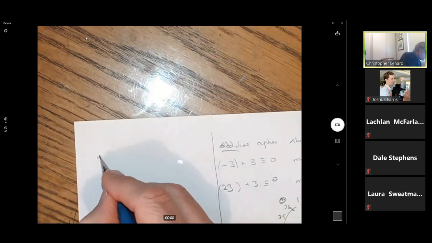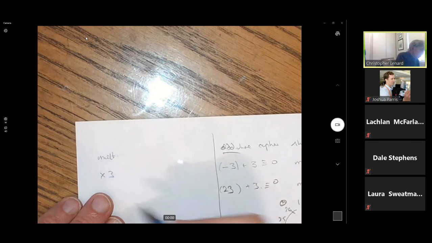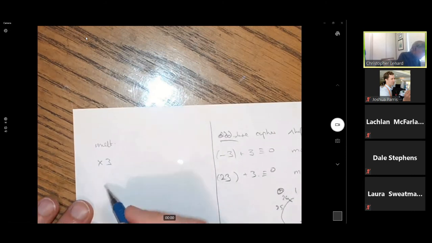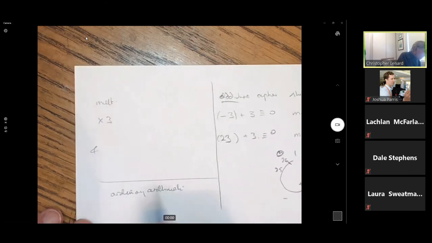So with the multiplicative cipher, we multiply by 3. How do you undo multiplying by 3? Well, ordinarily we say divide by 3.